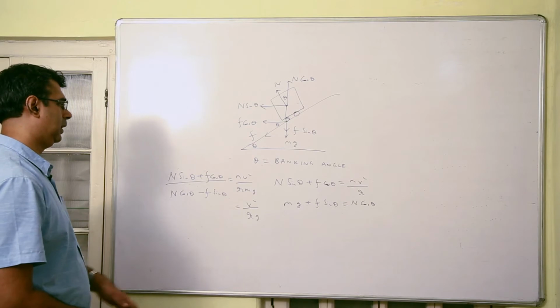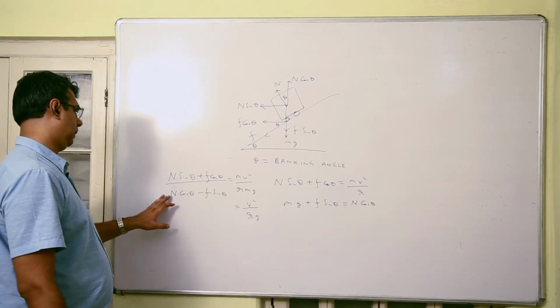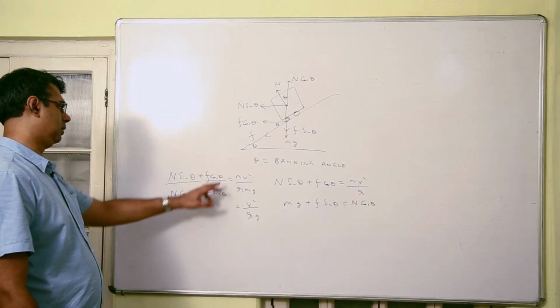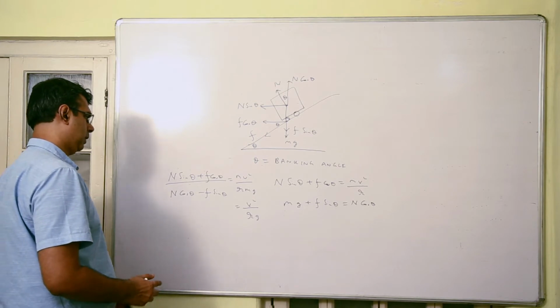So if you divide these two equations, you will get N sin theta plus f cos theta by N cos theta minus f sin theta equal to mv square by rmg, that is basically equal to v square by rg.